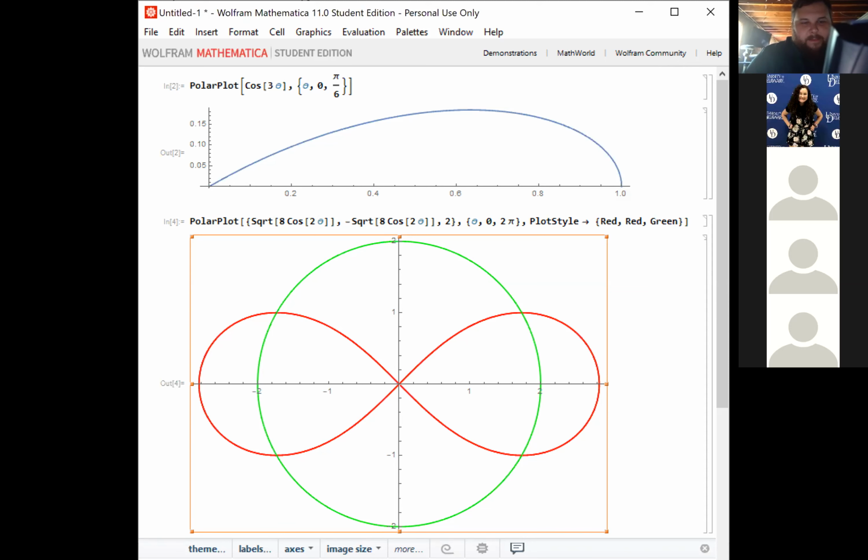So I think I made it maybe 8 pi or something. When I put in the square root of 8 cosine 2 theta, my graph kind of looks like an X. So you need to adjust these values that I was telling you. Okay, because I did try to adjust it, and it just went as an X line.